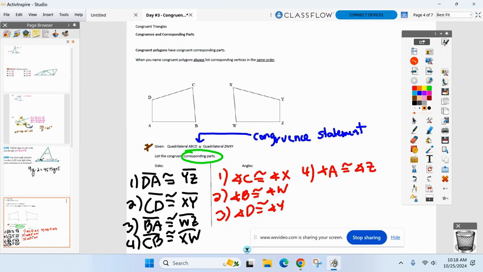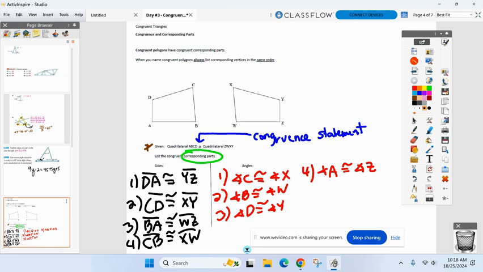How did I use that to figure out if they were right or wrong? Who gave me this first one here? Connor, you gave me DA, right? Everyone look where D and A are in the congruent statement. Isn't it in the first and the fourth spot? Look what's in the first and the fourth spot in the other quadrilateral: Z and Y. These congruent statements are written in a particular order so you can match up the corresponding sides and angles.